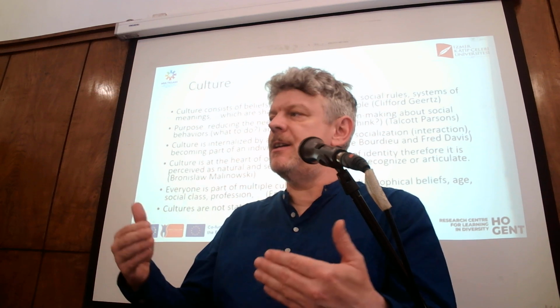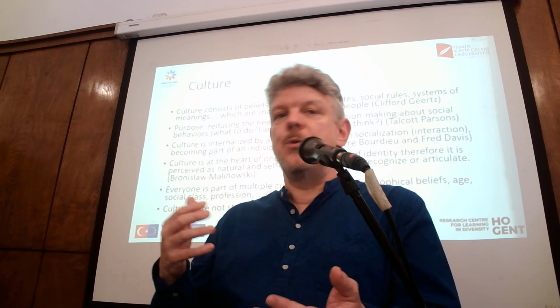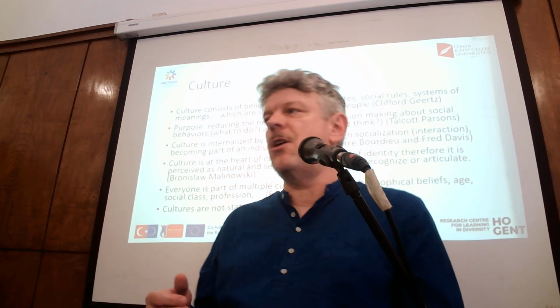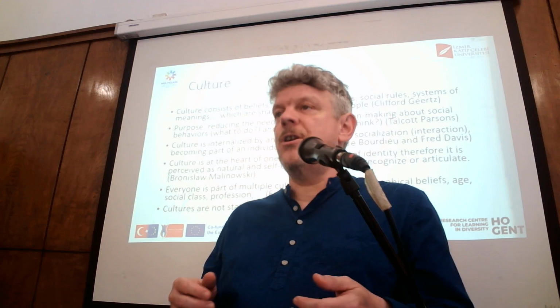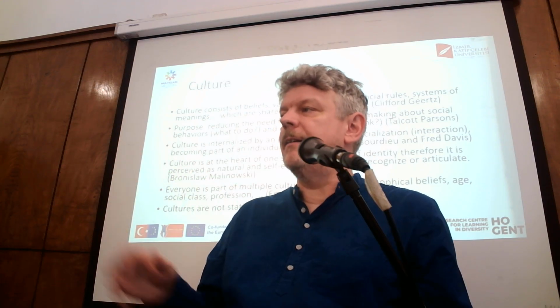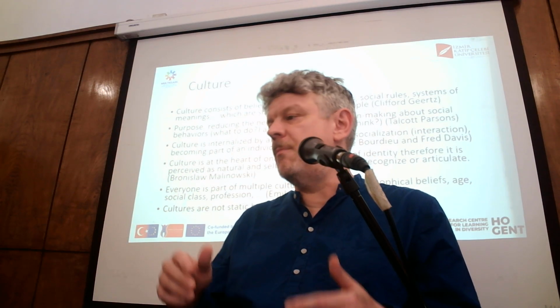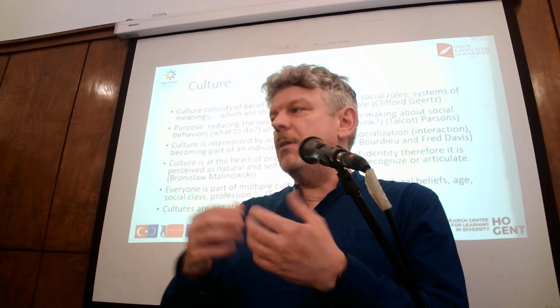When you transgress them, you get sanctioned. There are social rules on how to interact with each other, how to talk to each other, how to look at each other, how not to look at each other, and systems of meaning. That might be religious belief systems, but that also might be more economic, philosophical belief systems.